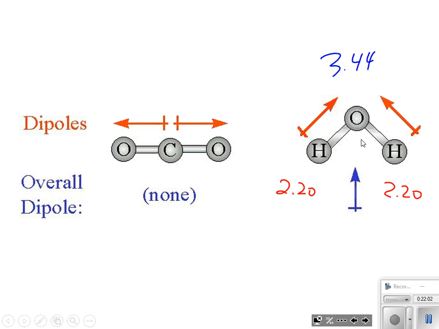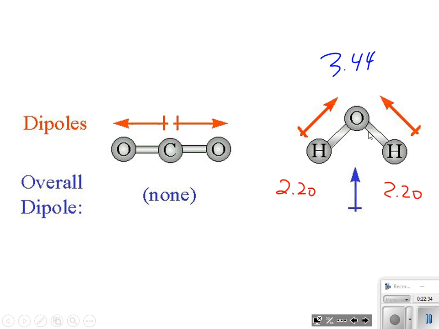So, as I look at this, the oxygen is winning the pull for this pair of electrons right here, and for this pair of electrons right here. Do those cancel out like the ones we just talked about? No, they do not, because they're not pulled in a straight line.